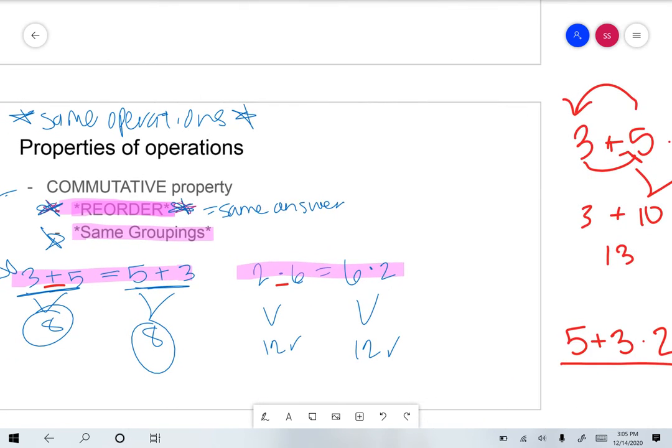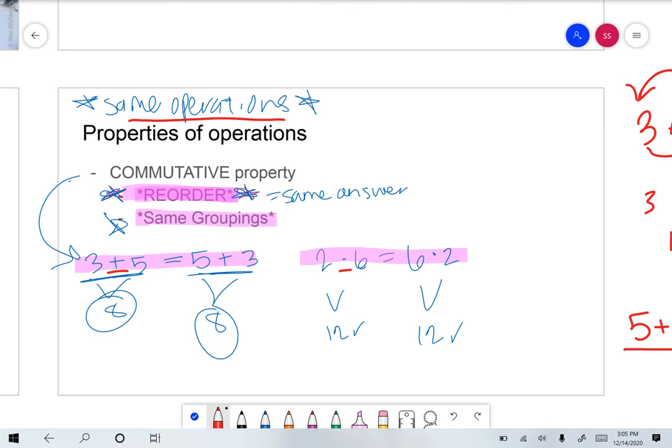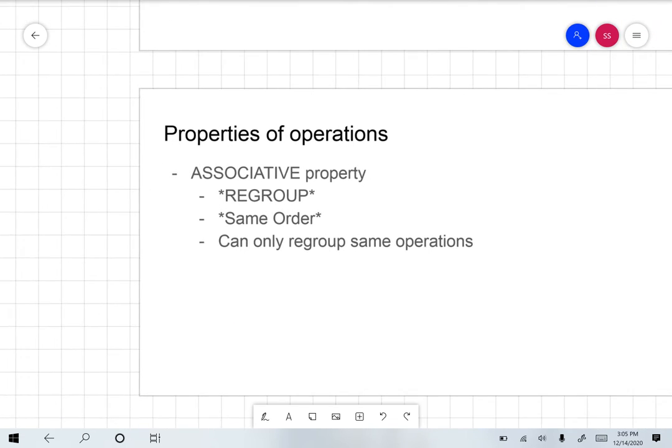Okay, so a couple of exceptions to the rule of same operations there. If you have parentheses and you don't change what's being grouped, then commutative property will still hold. Okay, so again, the big thing with commutative property is reordering, not regrouping. Okay. Associative property is the opposite.